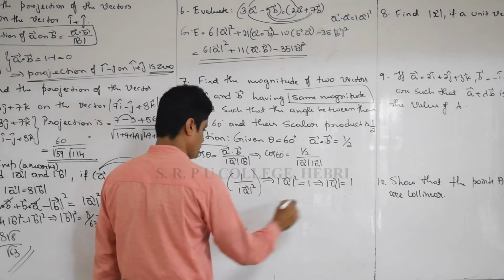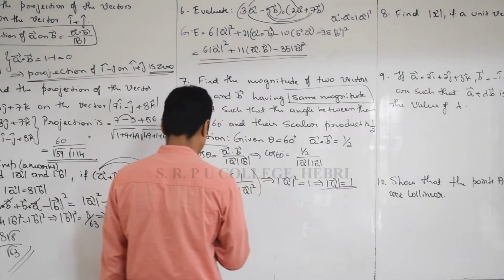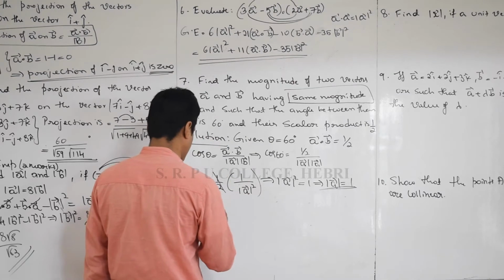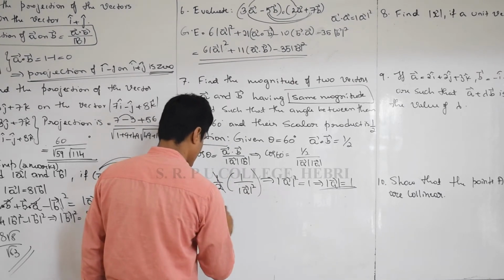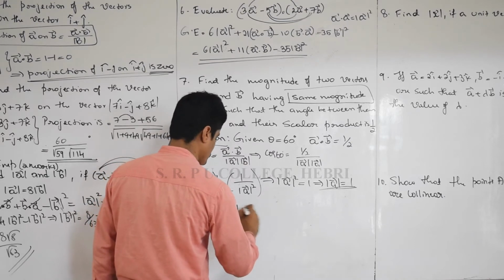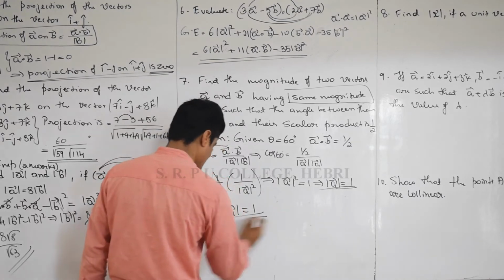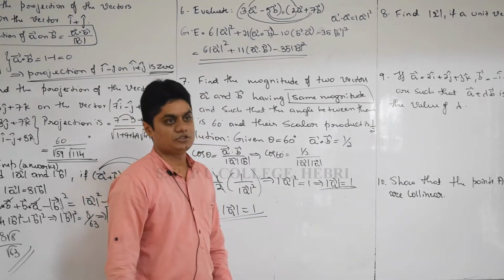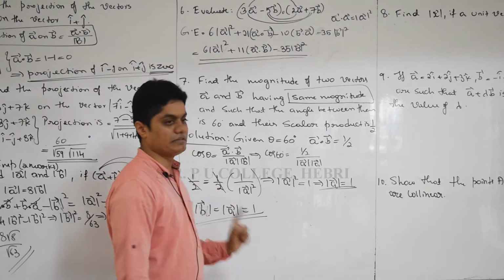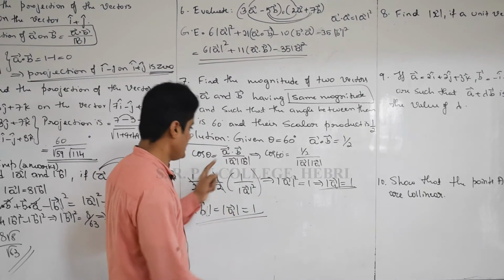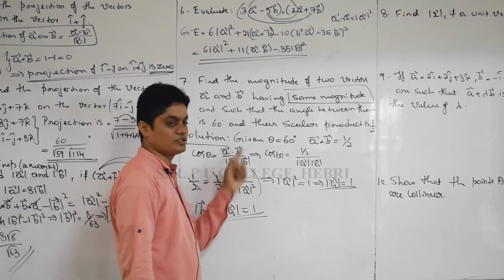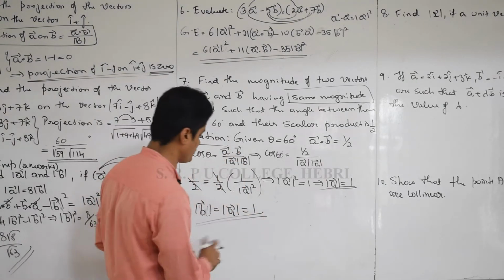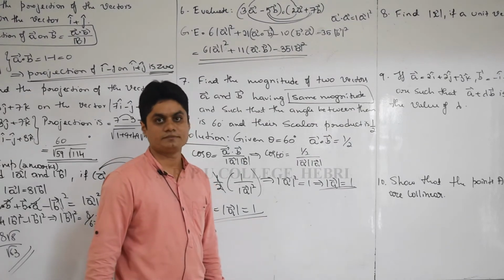So we have got one answer. It is also known that magnitude of vector B is equal to magnitude of vector A, so magnitude of B is also equal to 1. So magnitude of vector A and B will be equal to 1, and you can check this. See, if both are 1, then below it is 1, numerator half, cos theta is equal to half means theta is equal to 60 degrees. Whatever you got is perfectly correct.